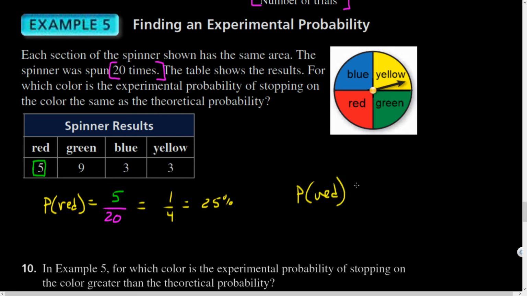Where this is 1 out of 4 areas that they had all the same, 1/4 equals 25%. Red had the same. But if I continued to experiment and kept spinning, maybe these values would slowly fluctuate.